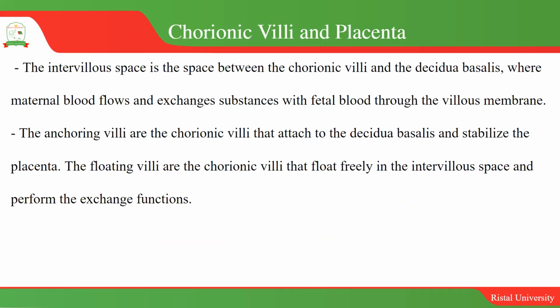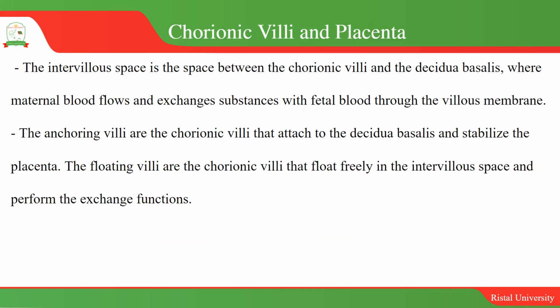Okay, so the chorionic villi are very important in enabling exchange of nutrients and also gases such as oxygen between the maternal blood and the fetus. Okay, so we have what we call the intervillous space.